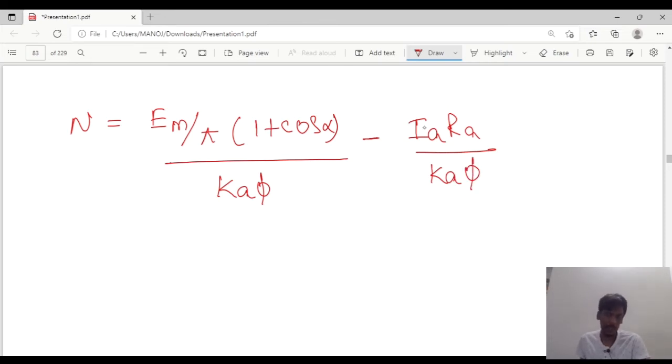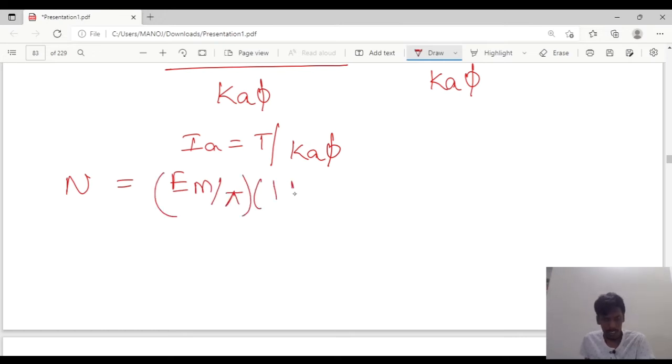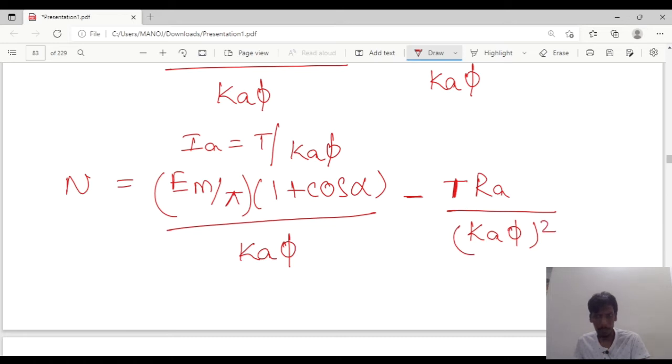In this term I substitute Ia as T by Ka pi. So the speed equation will be Em by pi (1 plus cos alpha) by Ka pi minus T into RA by Ka pi into Ka pi, which is Ka pi whole square.